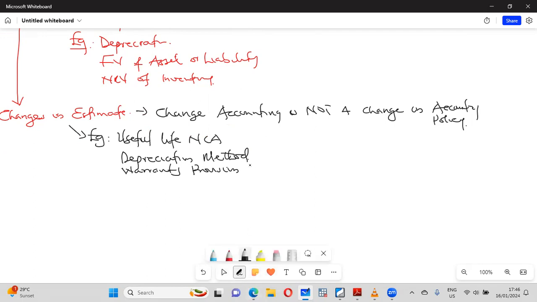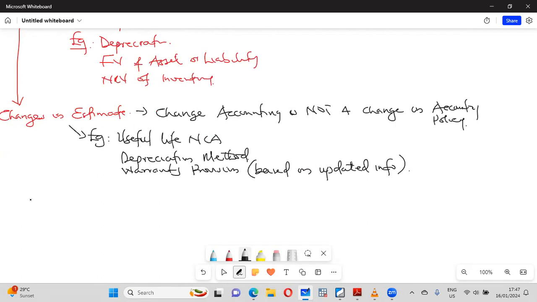Because when new information comes, they want to update it, based on updated information. So anytime they are changing the warranty provision amount they've made in the financial statement, because new information has cropped up, that is a change in estimate.